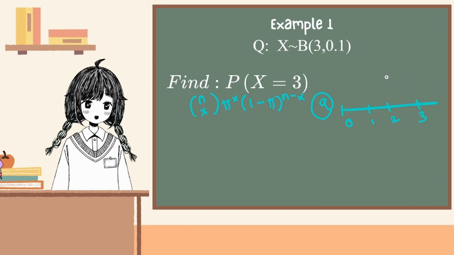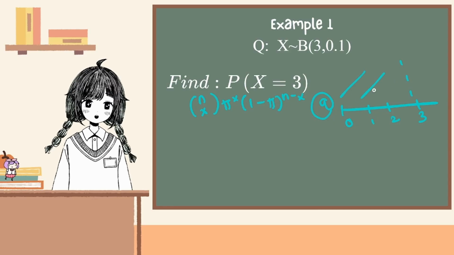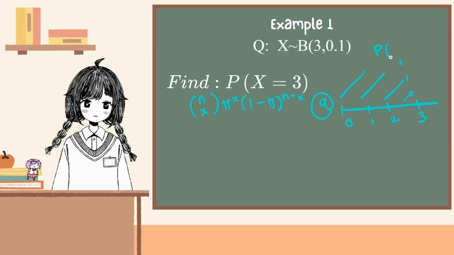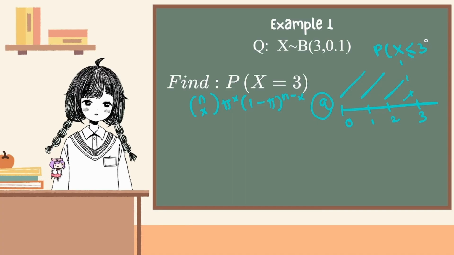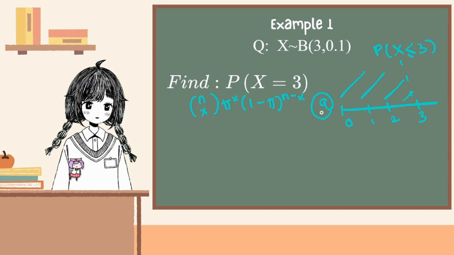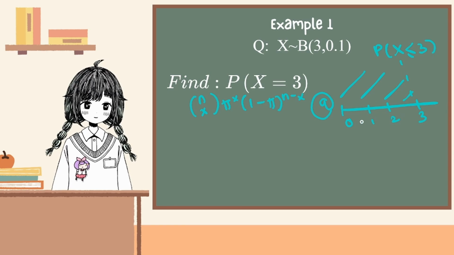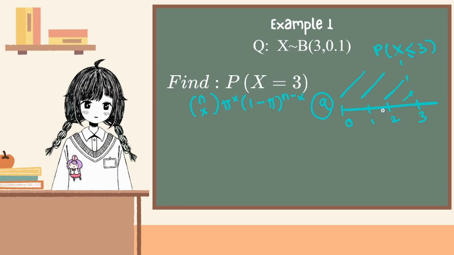We want exactly 3 from this drawing or graph. Cross this, which can be translated to x less than or equal to 3, which is the whole thing including the 2, 1, 0, but we're still not done yet as it's not exactly equal to 3.